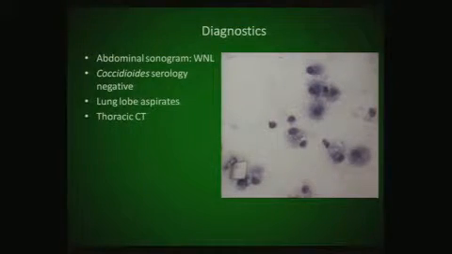So an ultrasound was done of her abdomen, and no abnormal findings were found there. She was tested for coccidioidomycosis. Again, we do see cocci in dogs quite commonly. It's probably our most common fungal disease of dogs in the Northern California region, and she had no positive antibody titer to coccidioides.